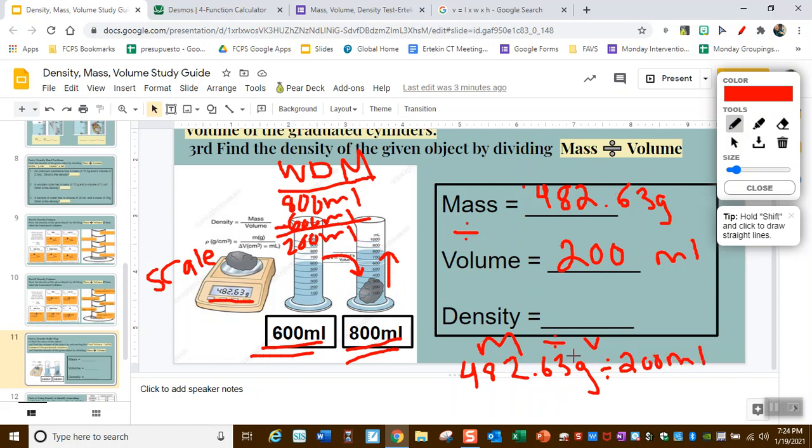Let me do that on my calculator really quickly. 482.63 divided by 200, and I got 2.41. You can just leave it to 2 decimal places. And don't forget the units, grams per milliliter. All right. Hopefully this is getting easier, right?